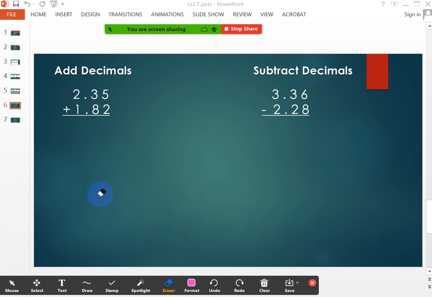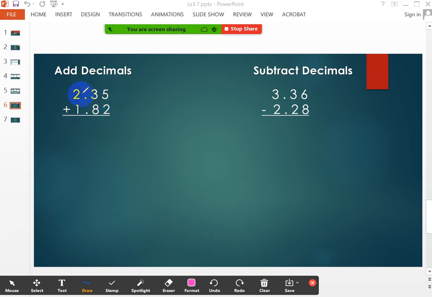So if I want to add decimals, as we learned, like 2.35 hundredths plus 1.82 hundredths, please focus with me, girls. If I want to add two decimal numbers, first thing, I have to order the numbers vertically under each other according to their digits.